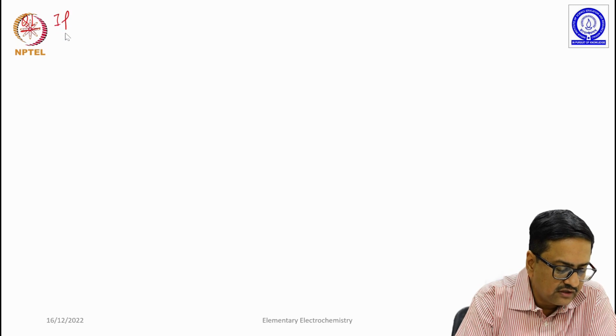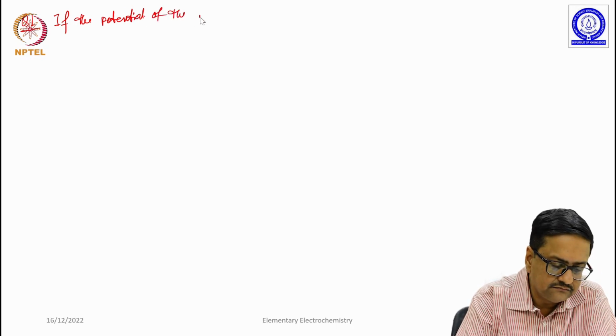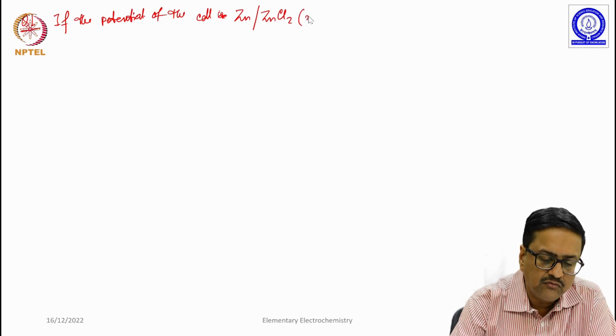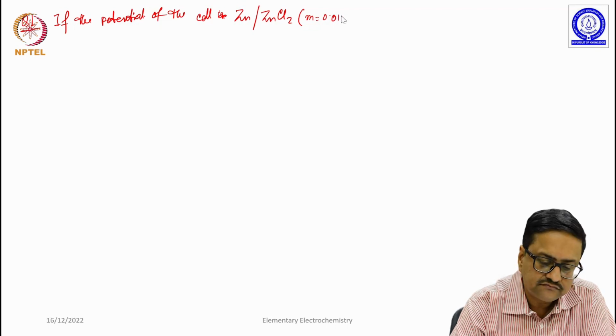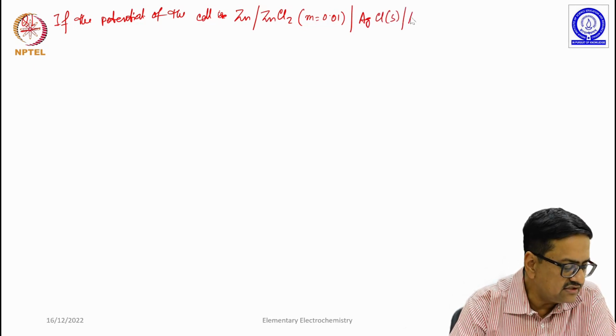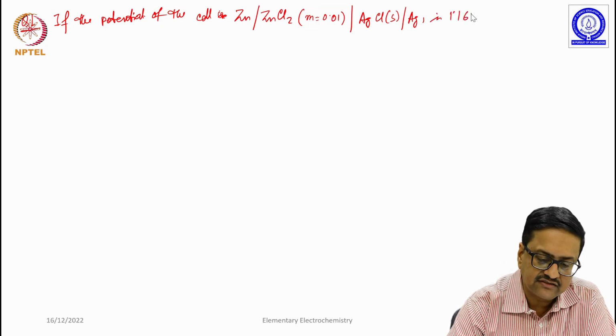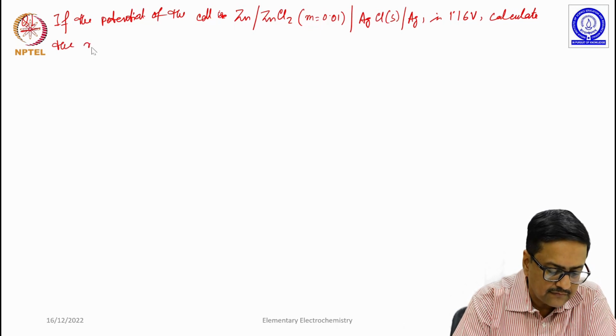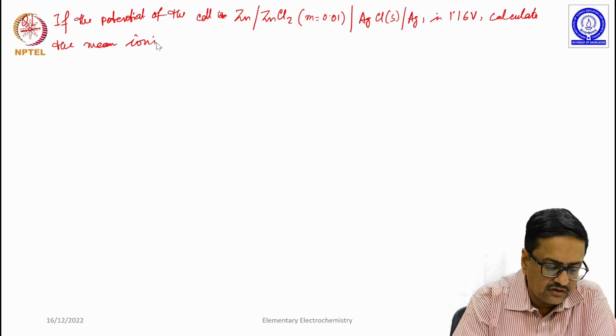If the potential of the cell, ZnCl2 with molality 0.01 in connection with AgCl solid with Ag as electrode, is 1.16 volts, then calculate the mean ionic activity of ZnCl2 solution.